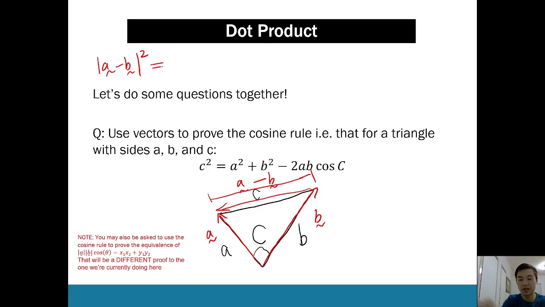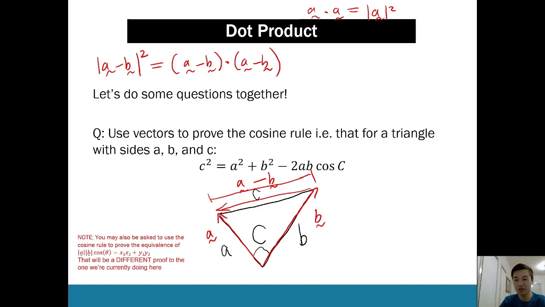And the thing is, we know that with the dot product, when we take the dot product of a vector with itself, we get the magnitude of that vector squared. So therefore, the magnitude of a minus b squared is simply going to be the dot product of a minus b with itself, like so.